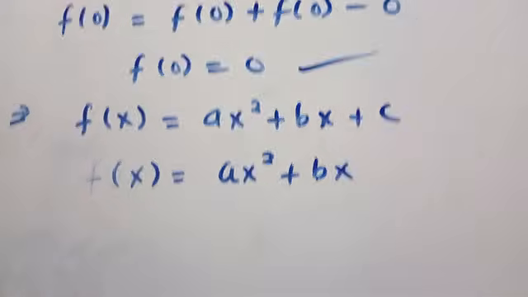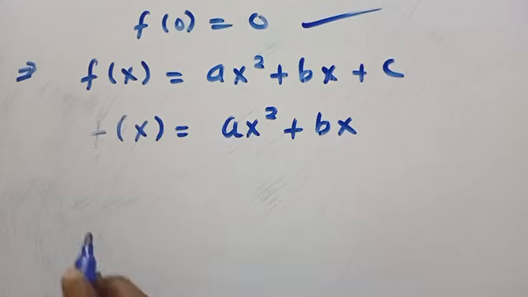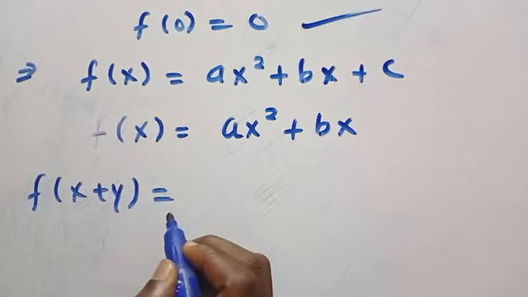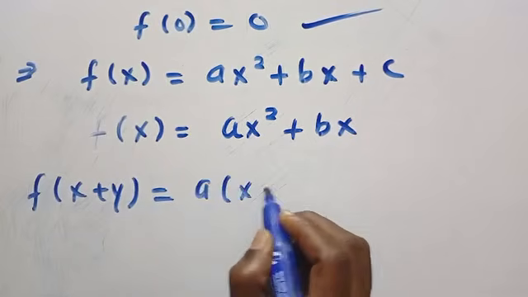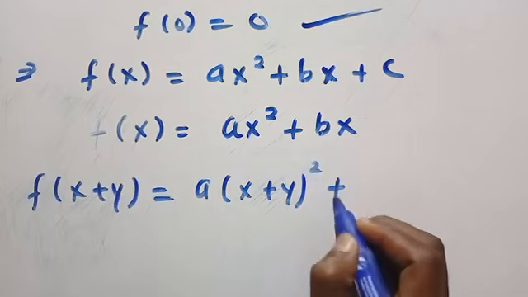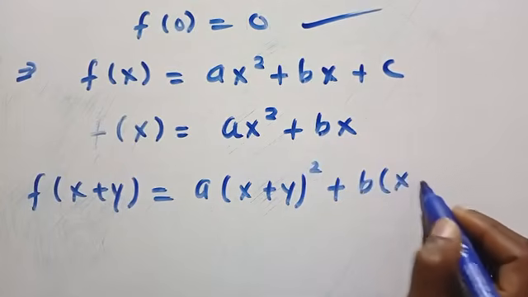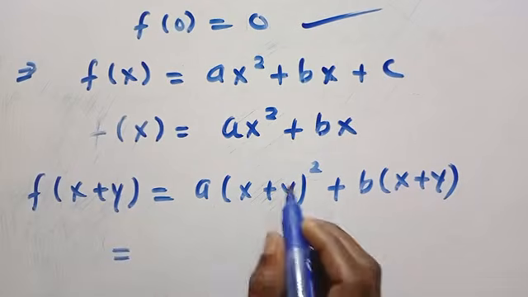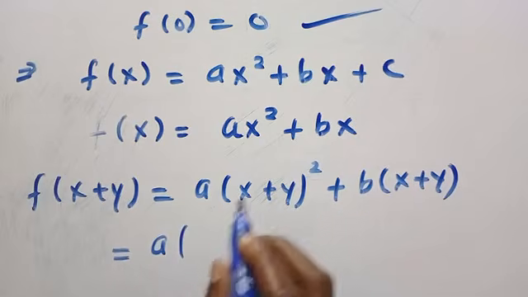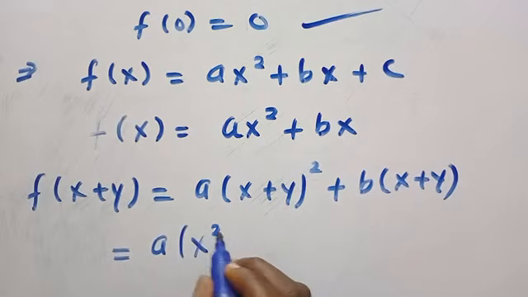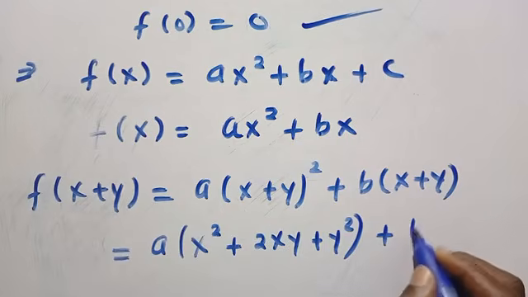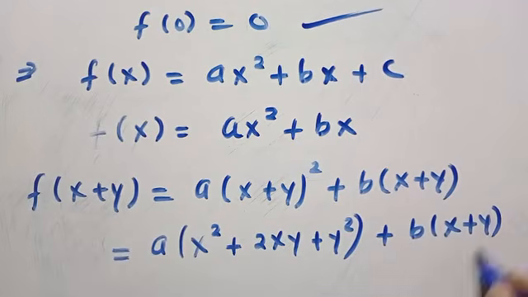When we try to find f of x plus y, we have f of x plus y equals a into bracket of x plus y squared plus b into bracket of x plus y. When we expand this out, a into bracket of x plus y squared gives x squared plus 2xy plus y squared, then plus b into bracket of x plus y.